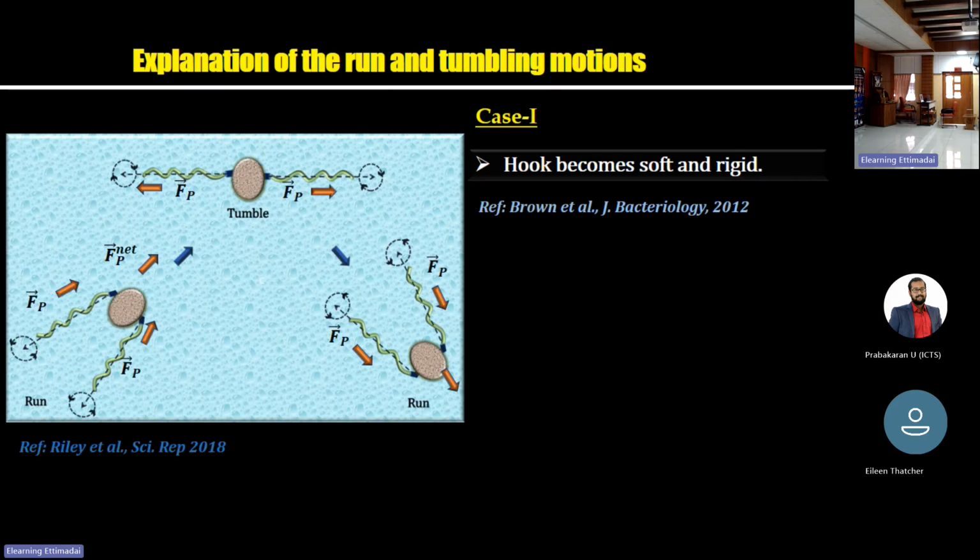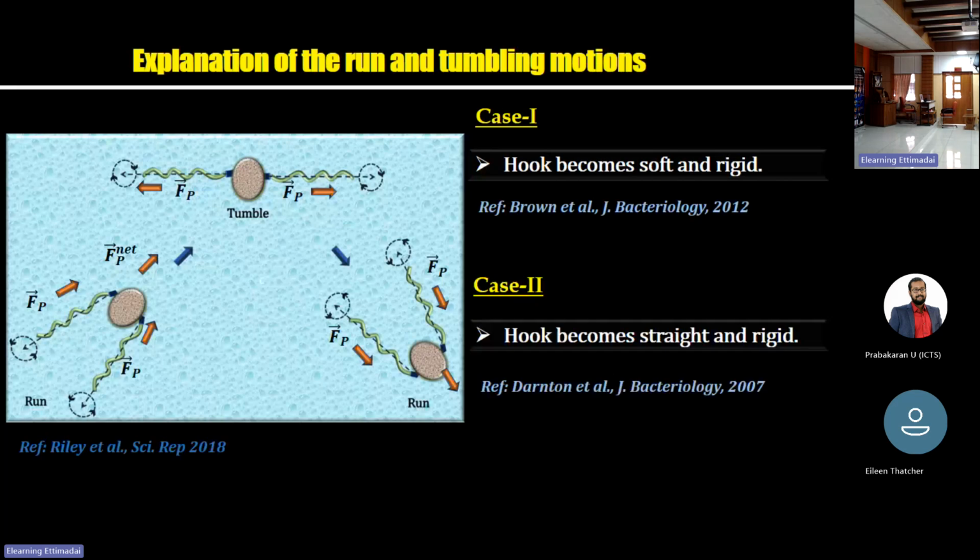He also belongs to the H. C. Berg group. And during tumble motion, the hook becomes straight and rigid. That's why this Fp net becomes 0 and acts in the opposite direction. This is an explanation of why run and tumble motion happens.